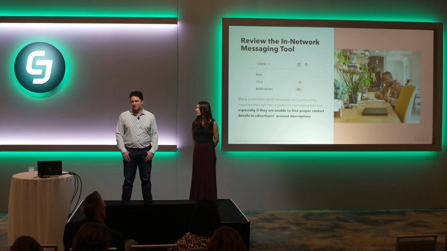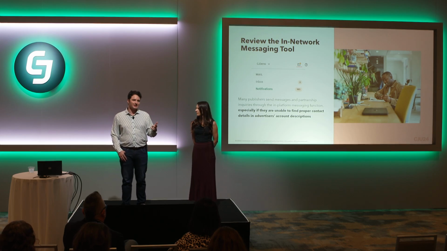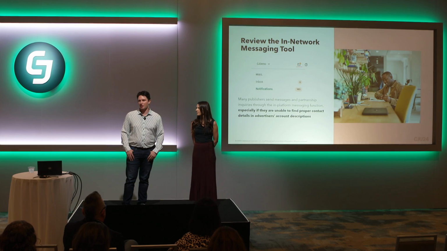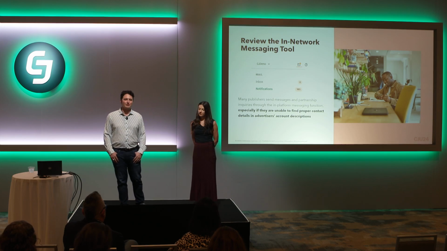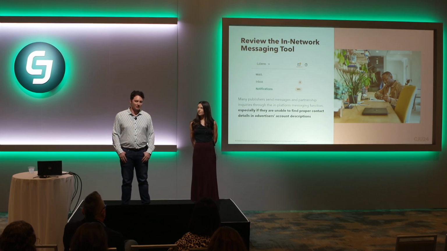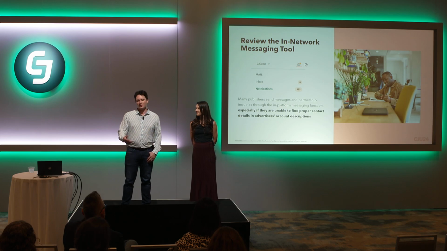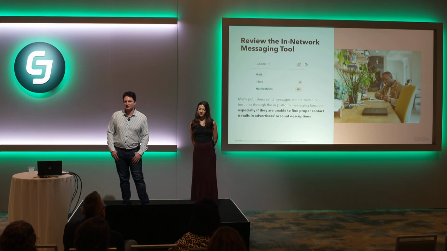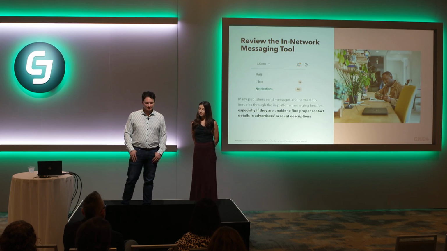So we always recommend to periodically take a look through it, make sure you're not missing any communications about pending applications, declined applications, or just general outreach from your partners. Again, a lot of that can be fixed with having the proper contact details in your account listing. But again, always making sure to check this tool, because the publishers will reach out, as well as there's some important information that CJ will send to this inbox too.